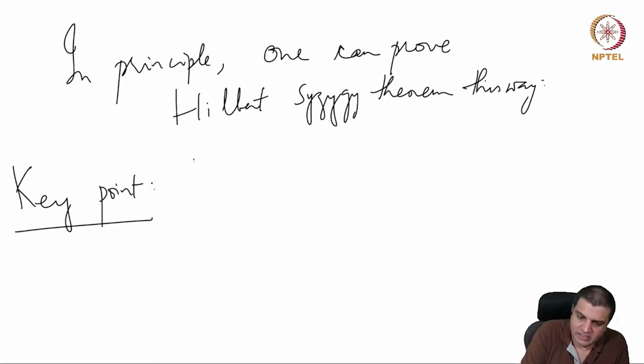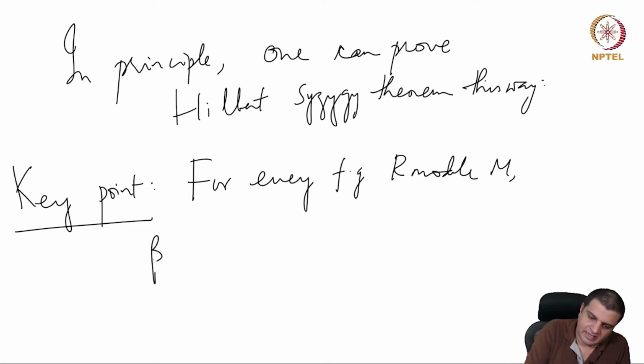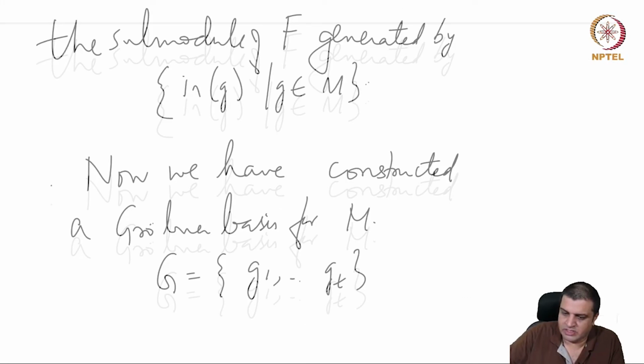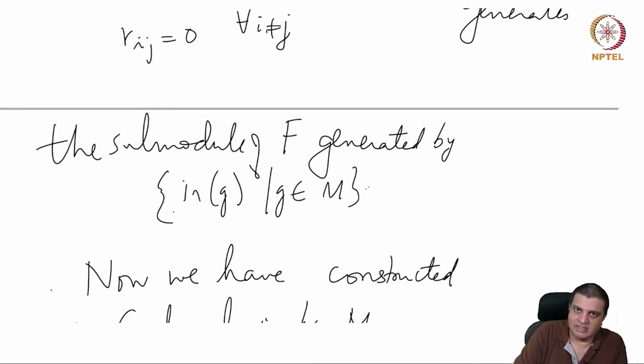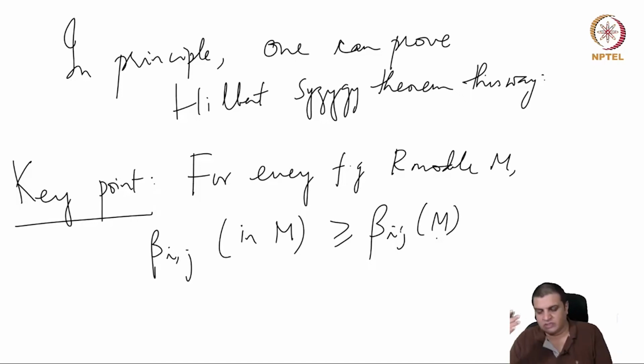For every finitely generated R-module M, the graded Betti numbers of its initial submodule, which is the submodule that the initial terms of the Gröbner basis generate, is bigger than or equal to beta_ij of M. So this needs a way to move from M to in(M) in some controlled fashion, in which you can compare the free resolutions, the ranks of the free modules in the free resolution.